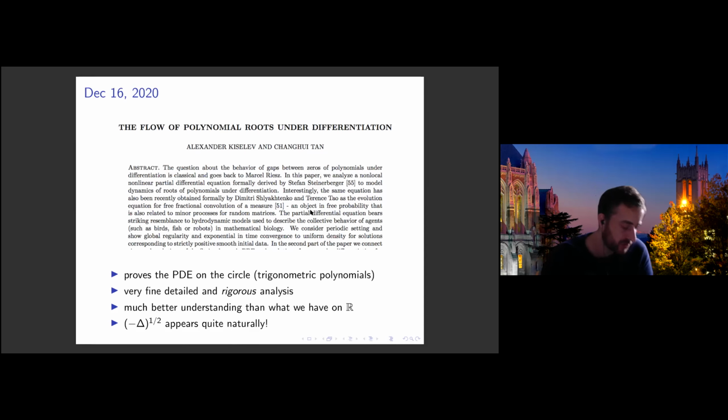And maybe I should also mention that the arctan of the Hilbert transform of U over U may seem strange, but it appears quite natural in the following case, right? What is the Hilbert transform of U over U? Well, take your function U. Take the unique harmonic extension to the upper half plane. That's given by U plus i times the Hilbert transform of U. So arctan of the Hilbert transform of U over U is actually nothing but the phase of the complex conjugate.